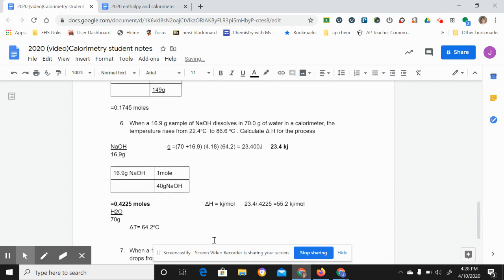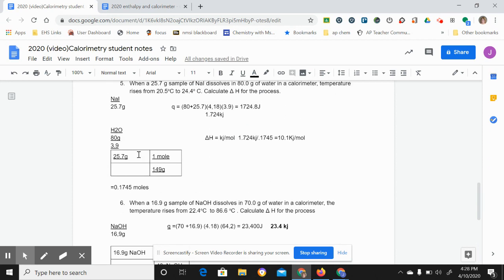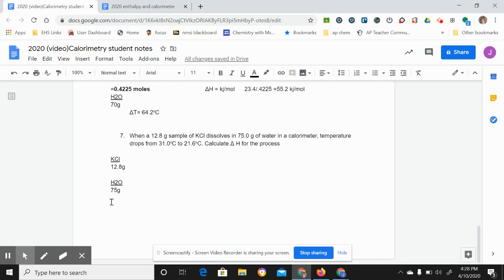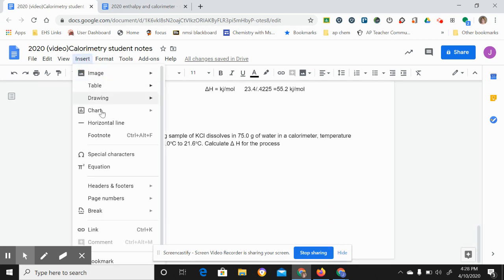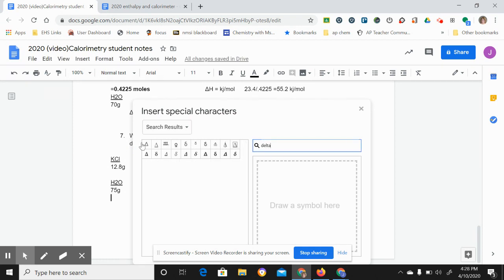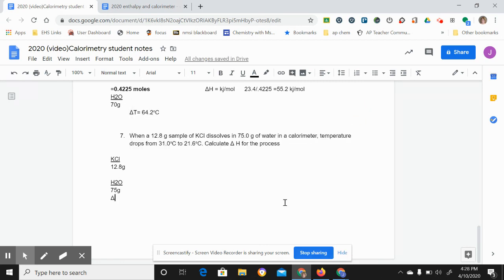And we know that our delta T, I'll just go insert special character. Our delta T, so our change in temperature there.